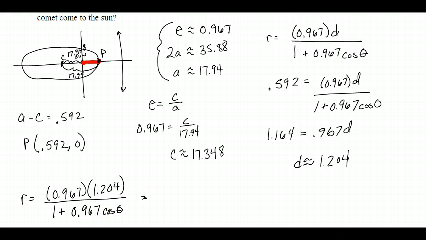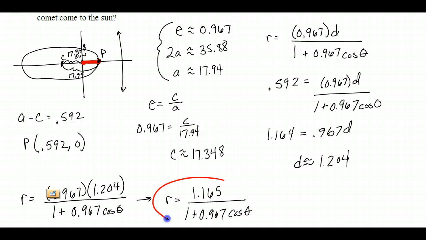And then if we multiply together, I guess that would be nice to do here, we can say that our equation is equal to 1.165 divided by, so I multiplied the 0.967 times 1.204, and then divided by 1 plus 0.967 cosine theta. So there is the first part of our question, which was lengthy to get to in order to figure out what is that point, but given the eccentricity and the length of our major axis, we can solve for that.